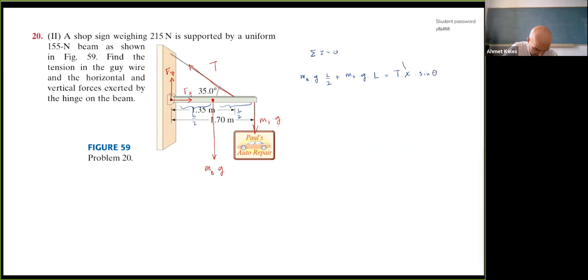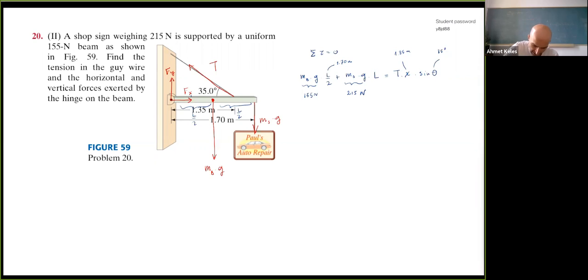So this X is 135 meters. This theta is 35 degrees. This L is, I think, 170 meters. This MB times G is 155, and this one is 215 Newton.